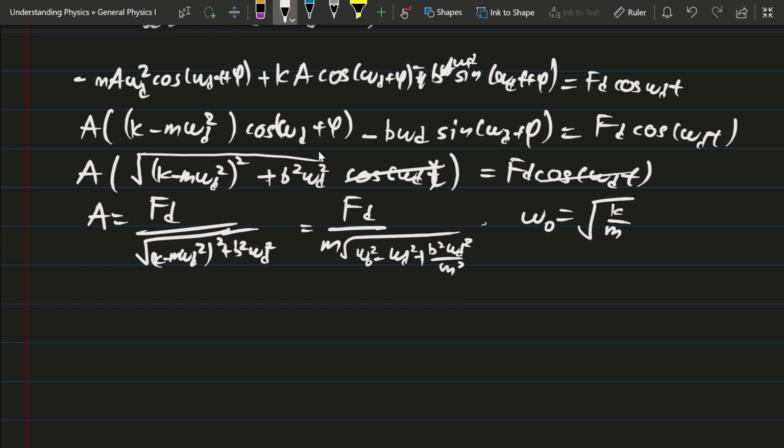Or basically this is the oscillation if there is no driving force. Oh sorry, it's omega_0 squared minus omega_d squared, that again. So this is the solution for a driven oscillation if you have let it go for a certain amount of time.